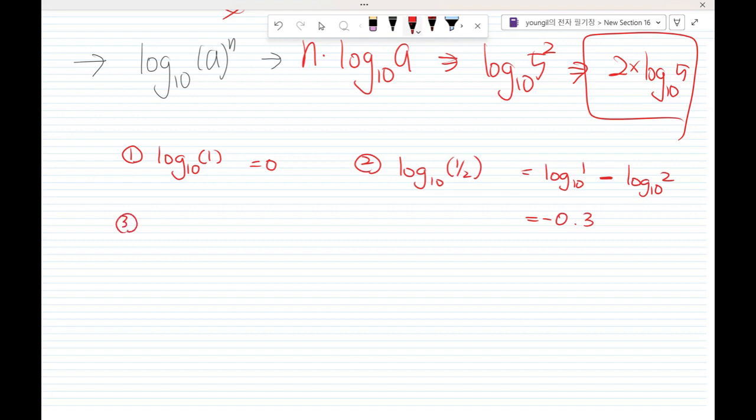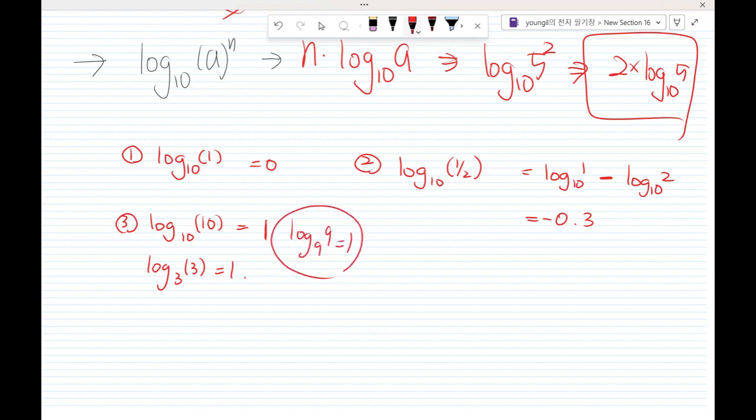Also log base 10 of 10 is 1, because if the base and the argument are the same, it's 1. For example, log base 3 of 3 is 1. Interesting, right? Log base 9 of 9 is 1.